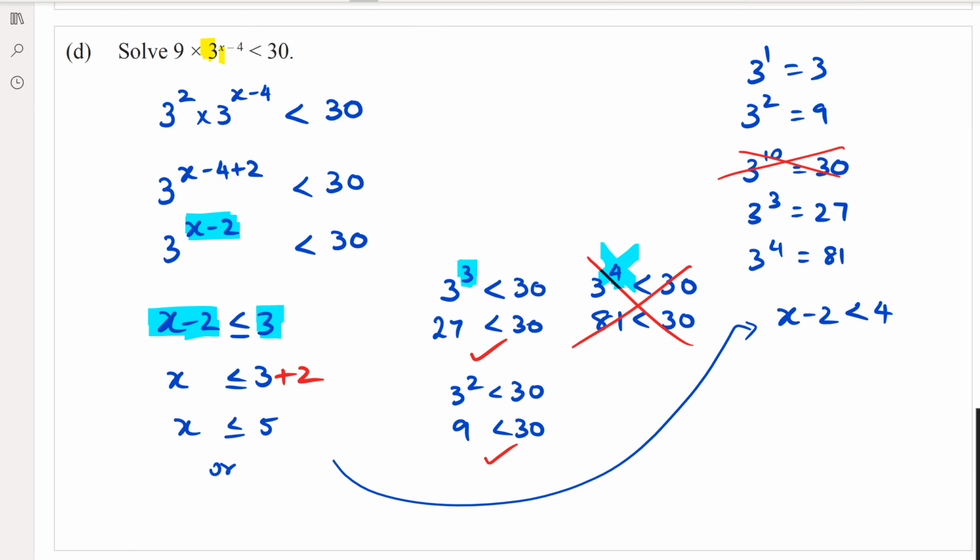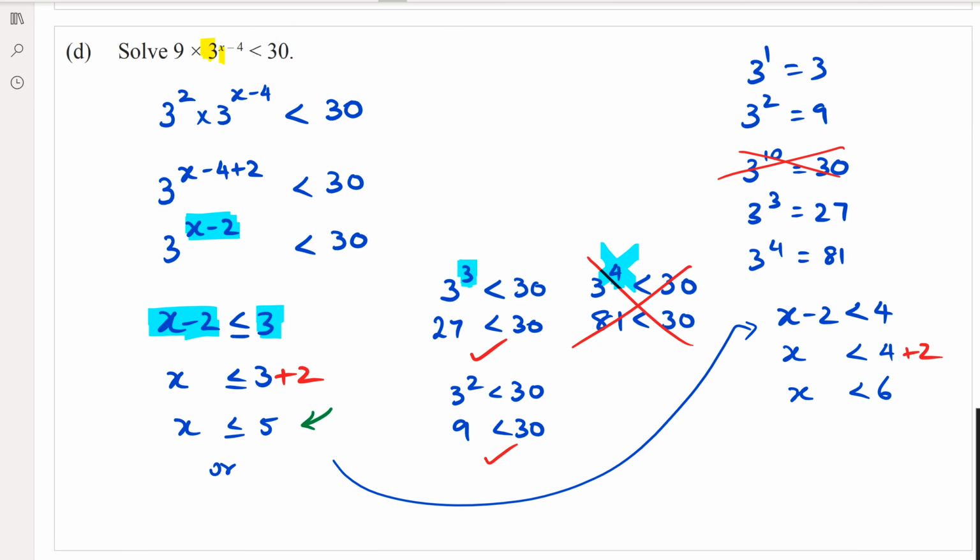And if it can't be 4, then when we rearrange this, we're going to get x is less than 4 plus 2, which means x is less than 6. So you can actually give both answers, but I actually prefer this answer here.